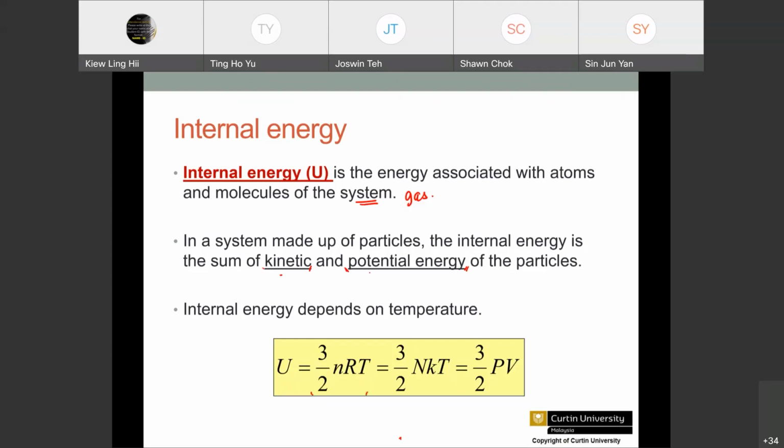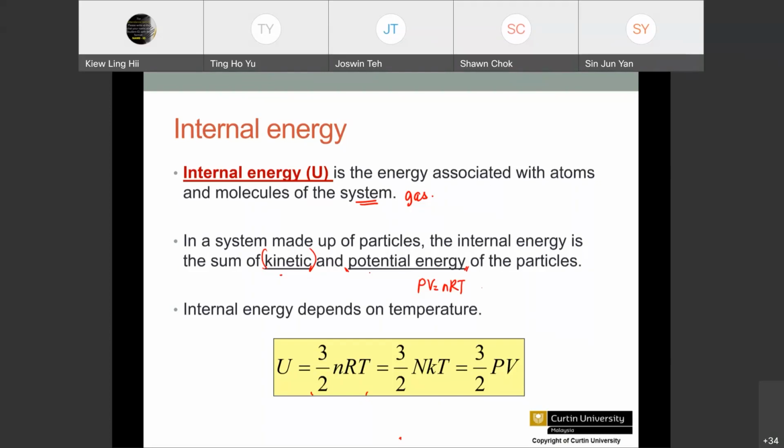So the first law of thermodynamics also covers gases other than ideal gas. That's why, instead of only kinetic energy, we also consider potential energy, but the values are the same, which is 3/2 nRT.